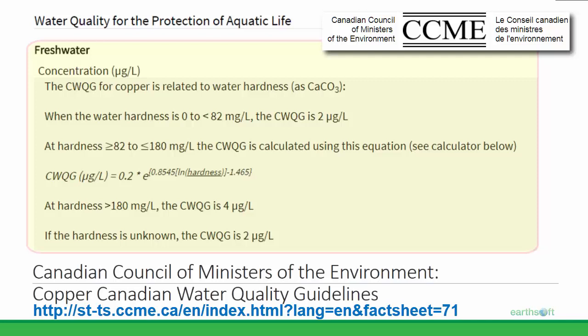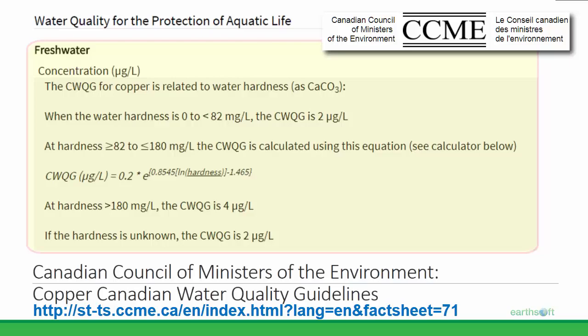And then when hardness is greater than 180 milligrams per liter, then the copper action level is going to be 4 micrograms per liter. And then finally, the last point, if you don't have hardness data, then you default to the action level of 2 micrograms per liter. Okay, so this is their vocabulary pulled straight from the website.